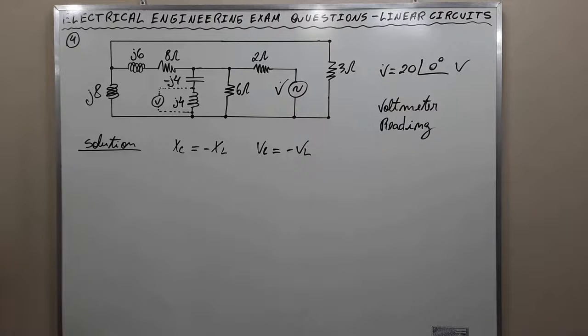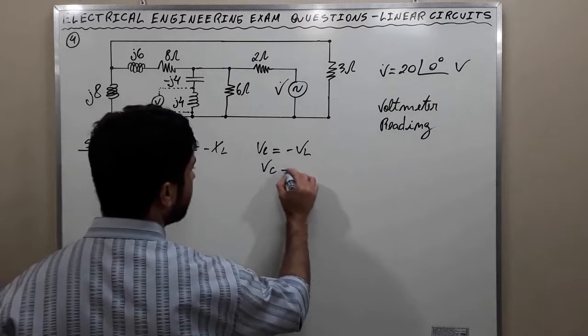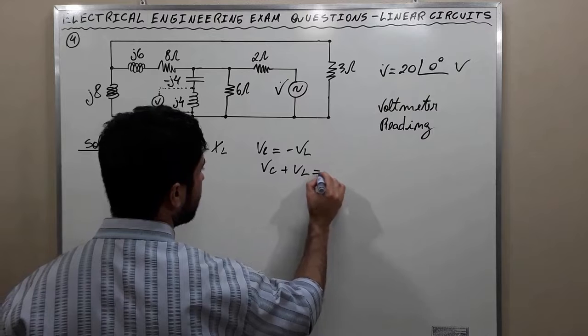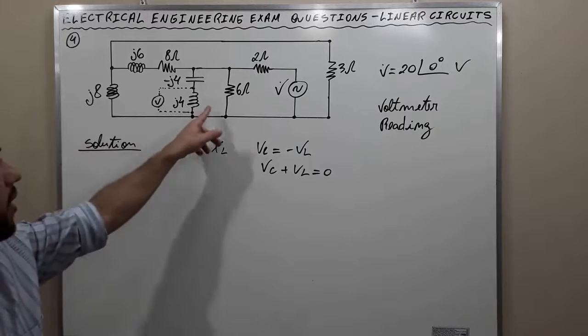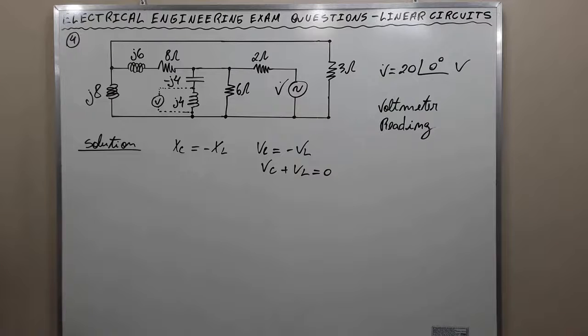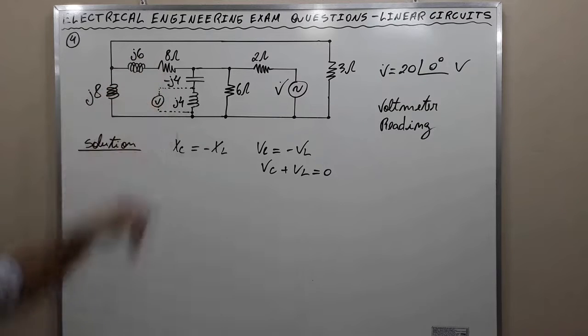Therefore, placing them together like this in a circuit causes a short circuit. The voltage drops here cancel each other out, and there is a short circuit here.